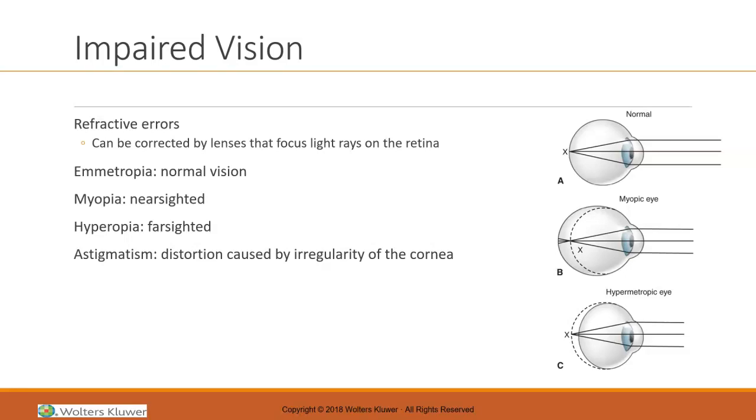It's not quite round. It's a little bit more egg-shaped. Clients who are more farsighted or have hyperopia, their eyeball is a little bit more compact, and so it's not quite as round. When a patient has an astigmatism, that is caused by distortion, caused by an irregularity of the cornea.